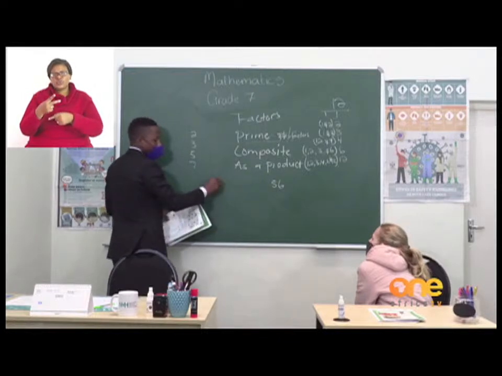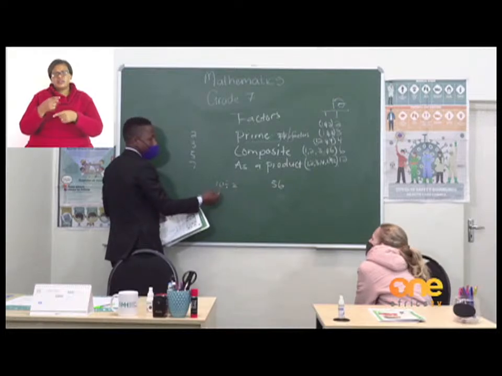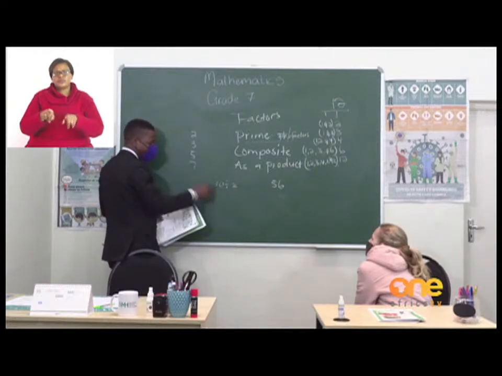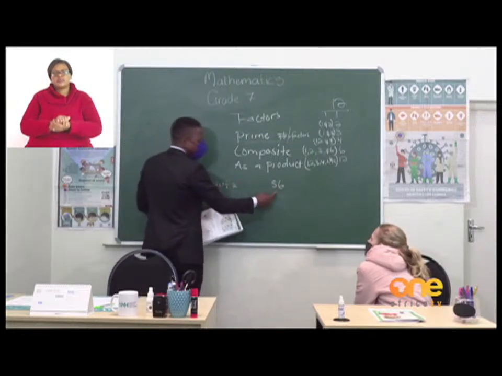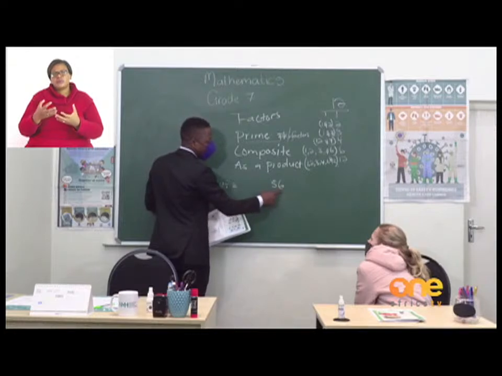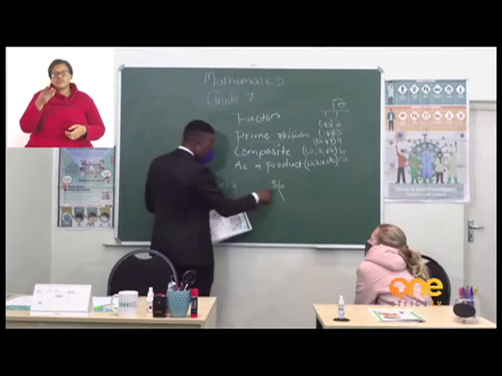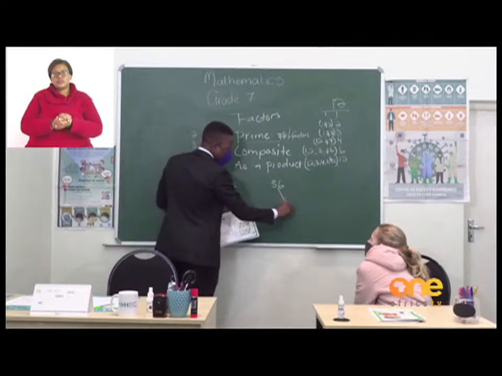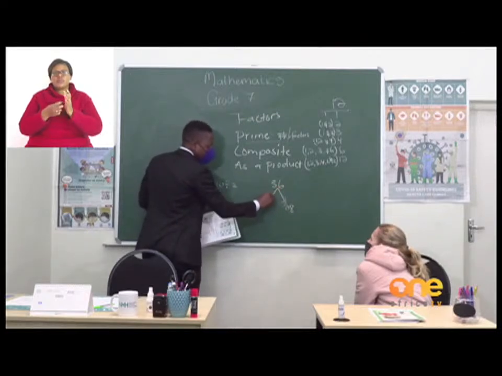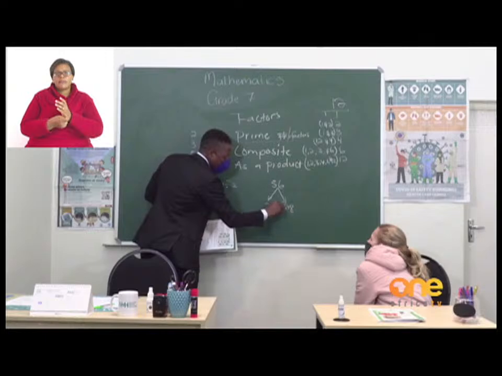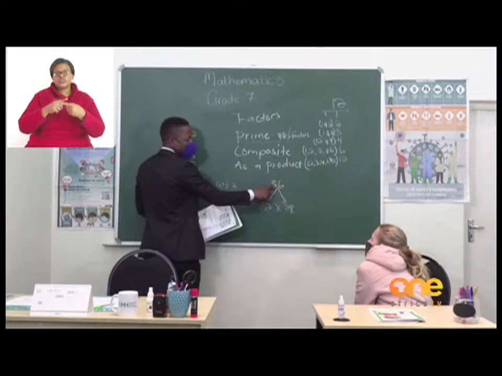Just an example, 10 divided by 2 gives you 5. So it's the same as saying half of 10 is 5. So in this case, we need to halve. If you halve 56, you will get 28. It means if I multiply 2 times 28, it must give me 56.